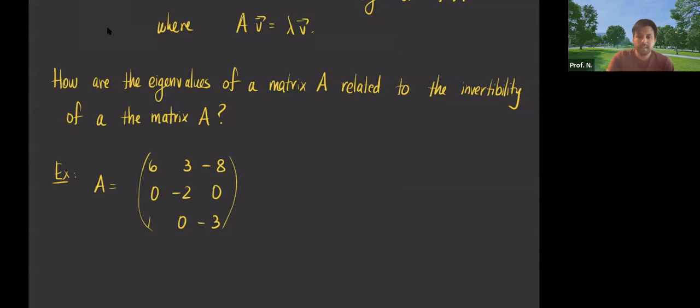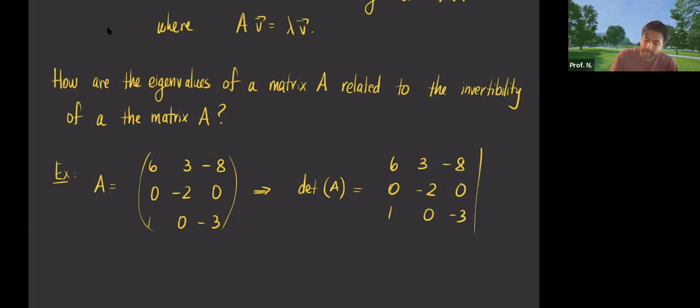Now, one way to test if this is invertible is to see what the determinant is, right? So what's the determinant of A? How do we compute the determinant of this matrix? Just A, not A minus lambda I, just A.